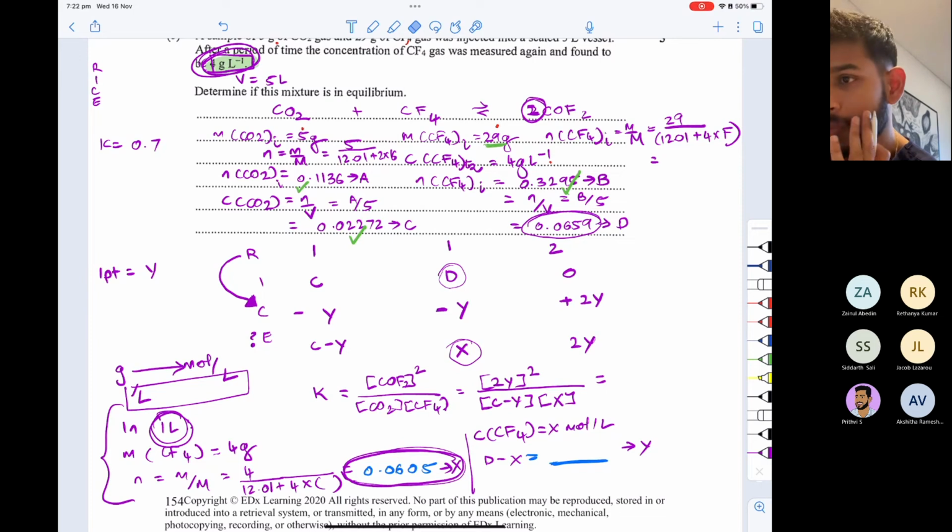Akshita, what did you get for your K value? My system just crashed, so I had to do everything again. I'm not sure. That's okay. Anyone got an answer for K?